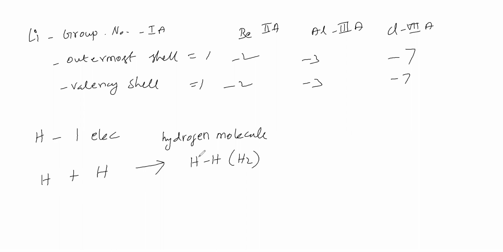Because the hydrogen atom is unstable, no? Electronic configuration means the arrangement of electrons in the atom. The hydrogen electronic configuration is unstable. That's why a hydrogen atom combines with another hydrogen atom to form the hydrogen molecule which exists in hydrogen gas.